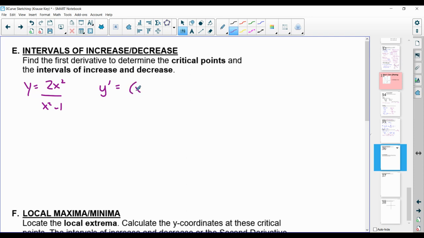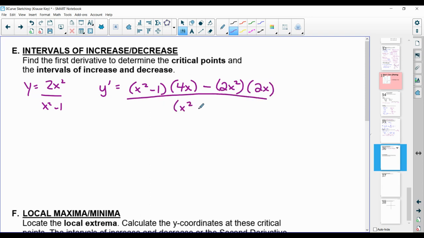So we're going to have x squared minus 1 times the derivative of 2x squared, which is 4x, minus 2x squared times the derivative of x squared minus 1, which is 2x, all over x squared minus 1 all squared.